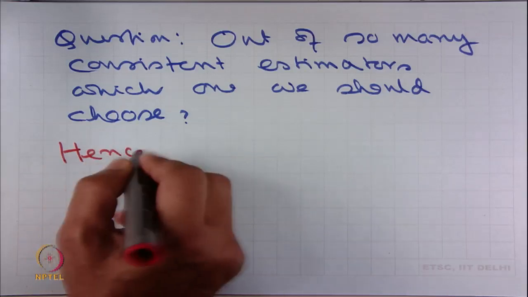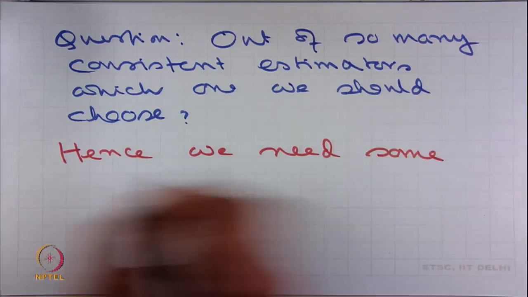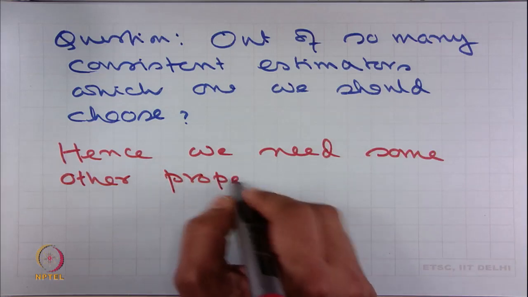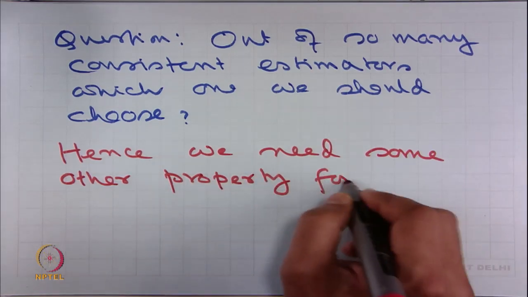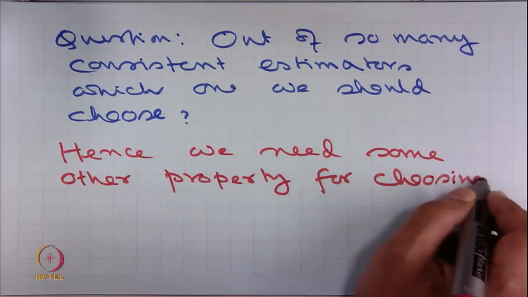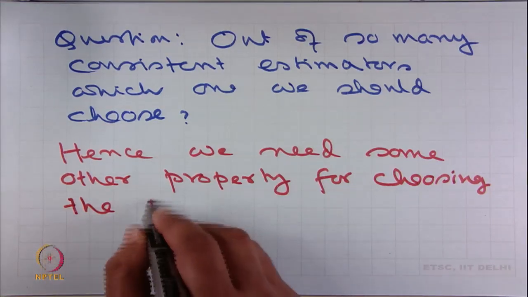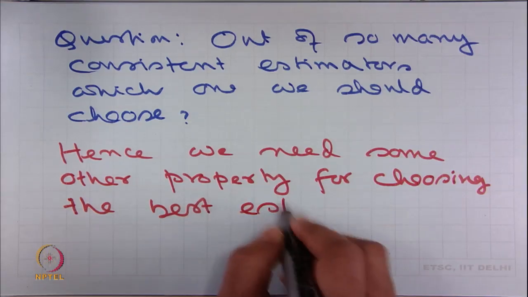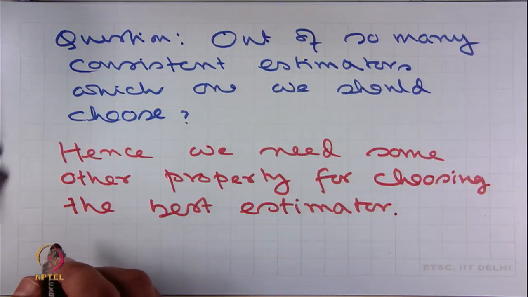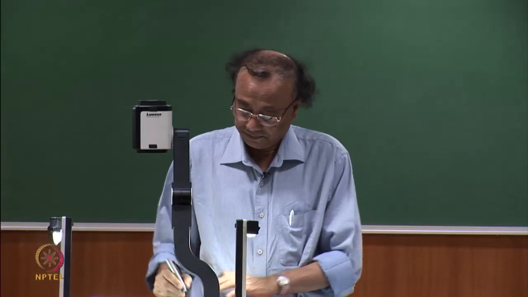Therefore, we need some other property for choosing the best estimator. This property is called efficiency.